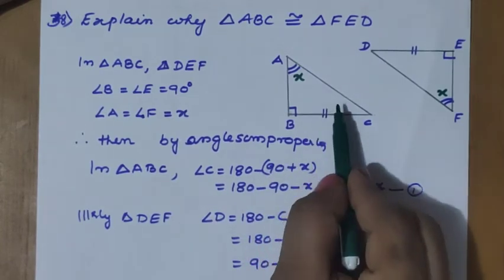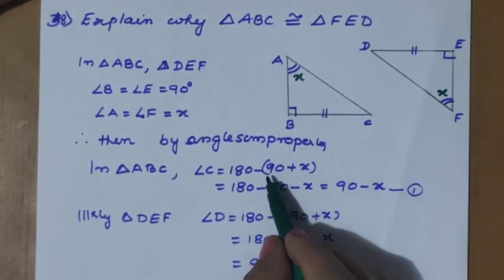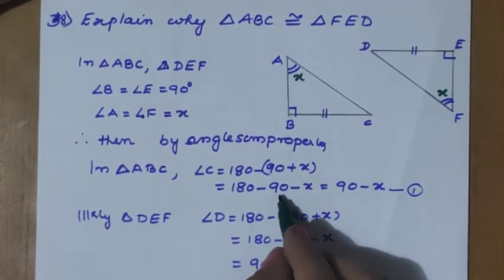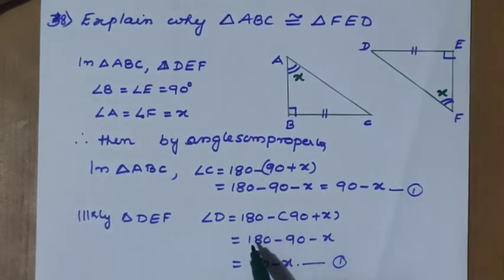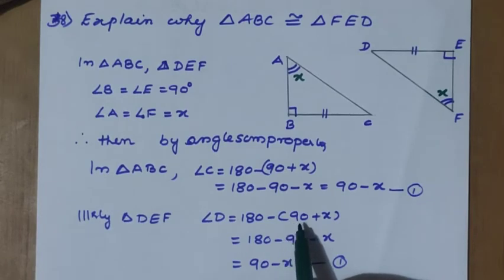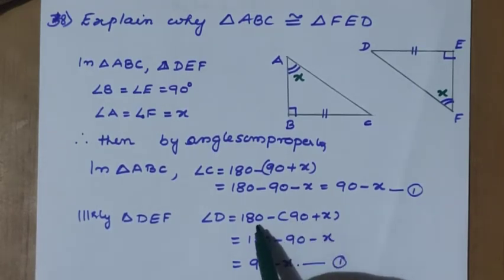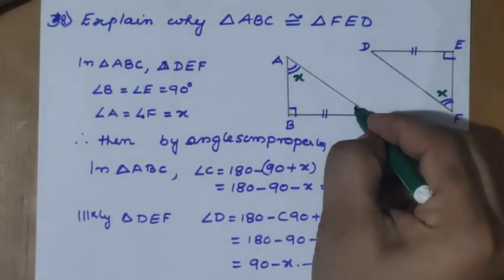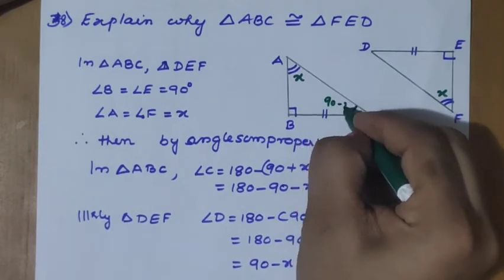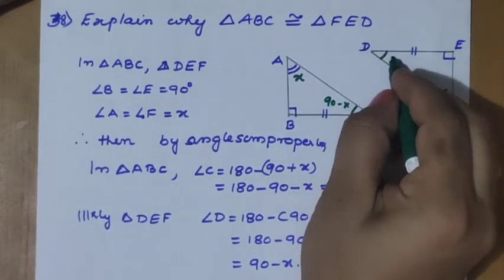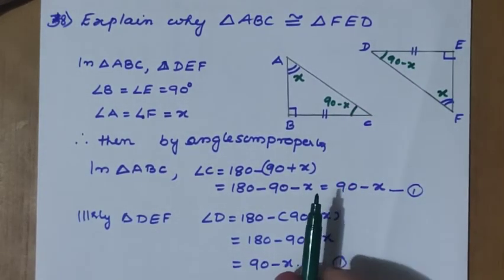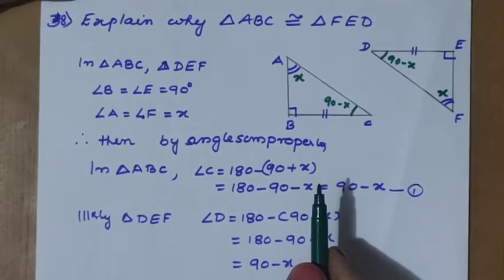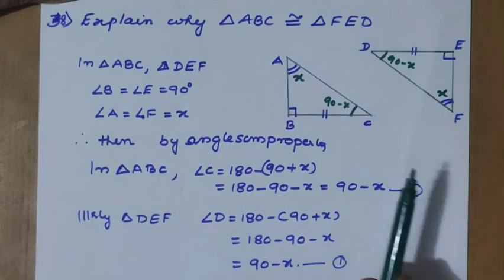Angle C is 180 minus the sum of these two angles: 180 minus (90 plus X), that means 180 minus 90 minus X, equal to 90 minus X. Similarly in DEF we can calculate angle D: 180 minus (90 plus X), which is also 90 minus X. So when two angles are given in a triangle, it is easy to find the third angle using the angle sum property.